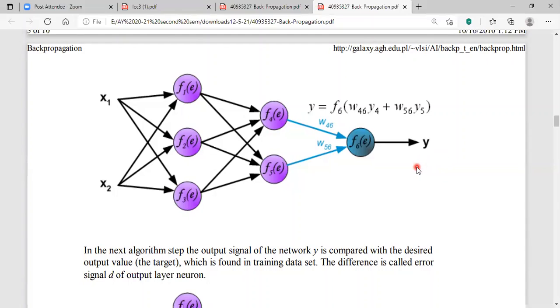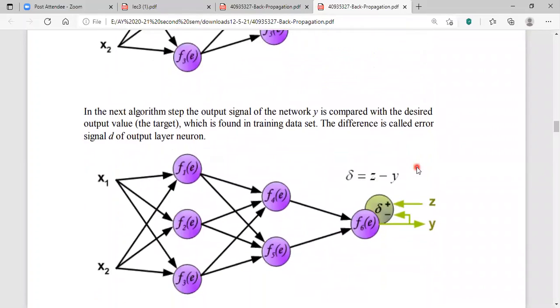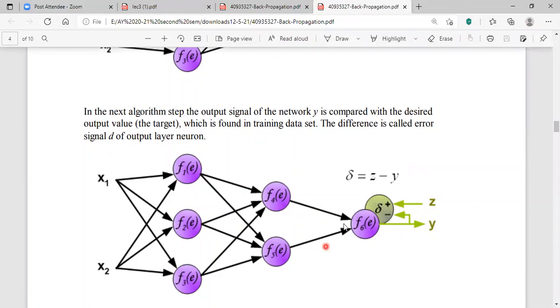That difference is known as the error signal. You need to transmit this error signal to all the neurons in all the layers. Did you get my point? Here you need to propagate this.